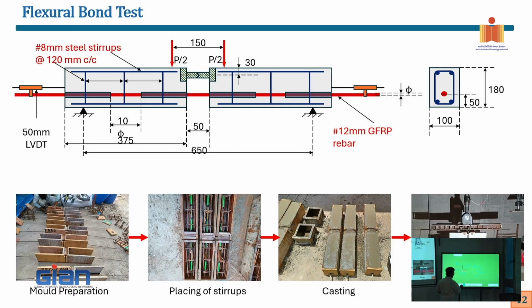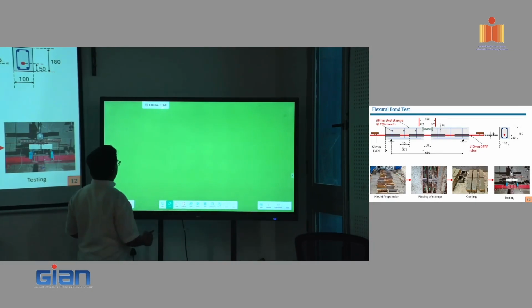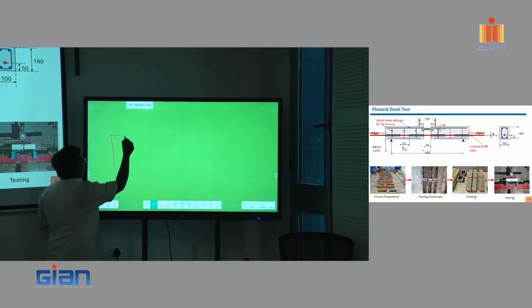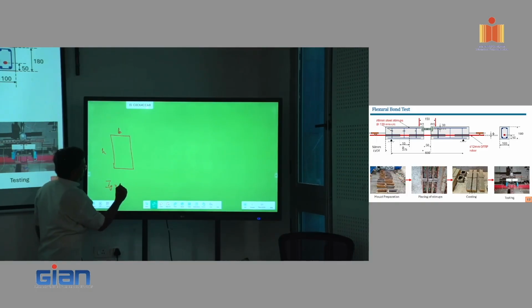or maybe I can go back. Okay, so you see here, I take a cross section, right? What would be the moment of inertia for this section? IG is, which one?